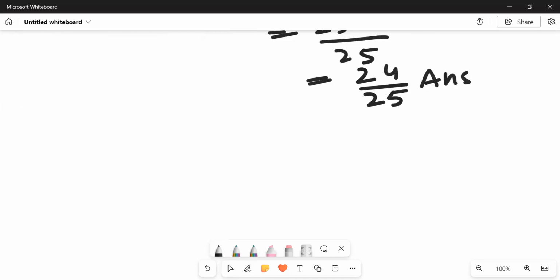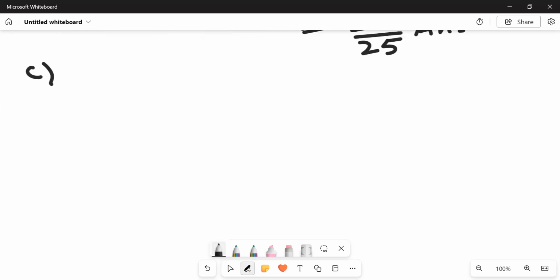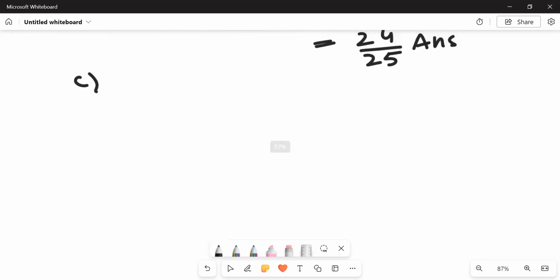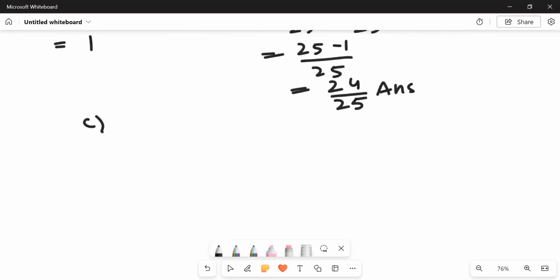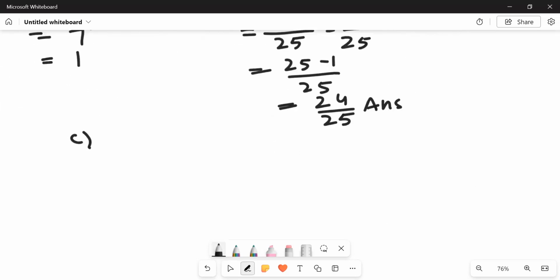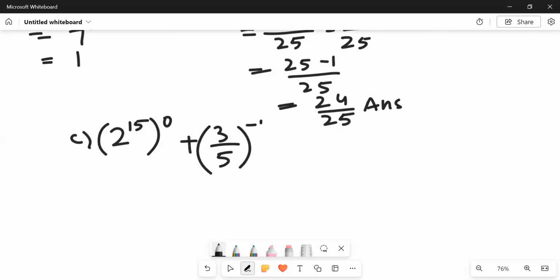Now C part is... Teacher, but yeah, yes, Rumisa? Nothing, okay. Then 215 whole power 0 plus 3 over 5 whole power minus 1. We can write it as 1 plus, I will directly switch the fraction and make it positive.